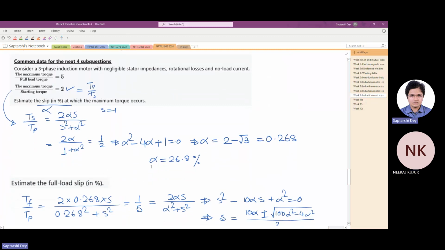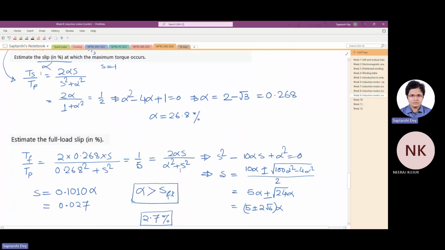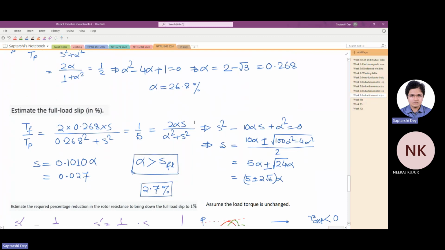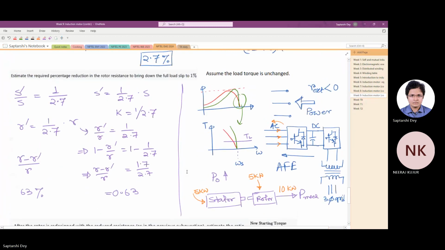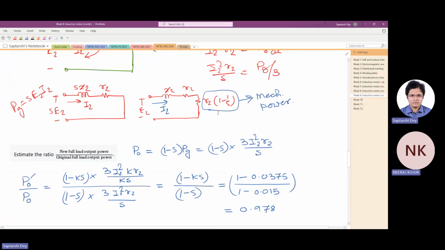Now since we have the value of alpha and the ratio of full load torque to peak torque, we can again solve this equation to find the full load slip. And this one is the percentage reduction of rotor resistance to bring down the full load slip to 1%. So again, these concepts are coming into play.